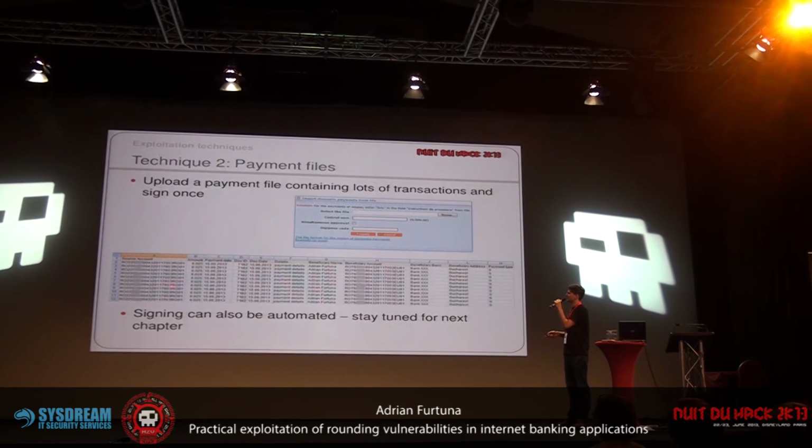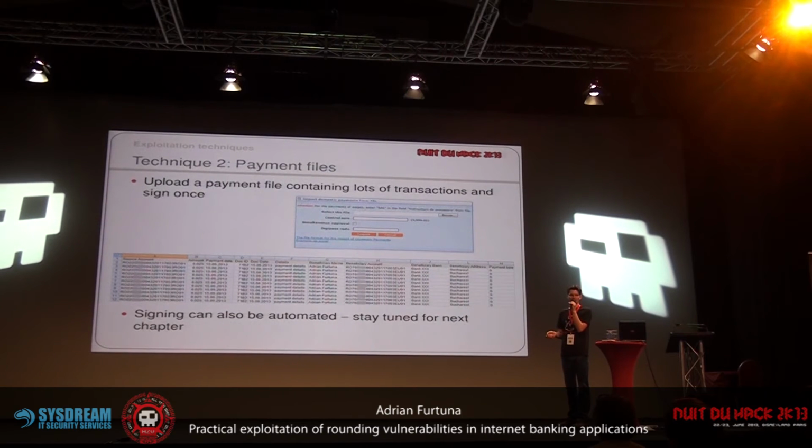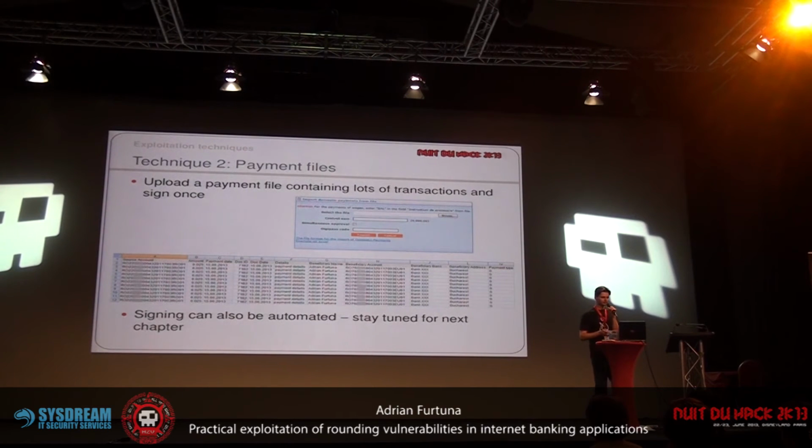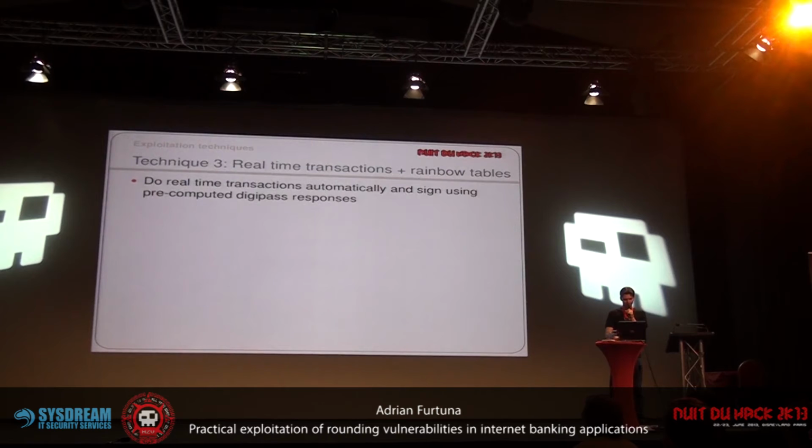So you can put in this Excel file thousands of transactions, specify source account, destination, beneficiary, and the amounts that you want to exchange, and upload this file into the internet banking application, and then sign it just once. So this was the second technique.